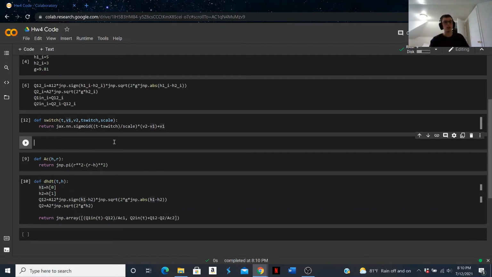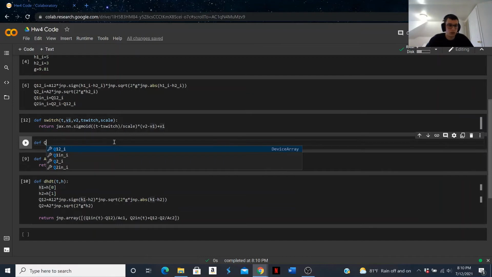And we see that in these functions, right? And so we use that immediately to determine our flow rate. Let me get another one just so I can lay it out. It's Q1 in, right?